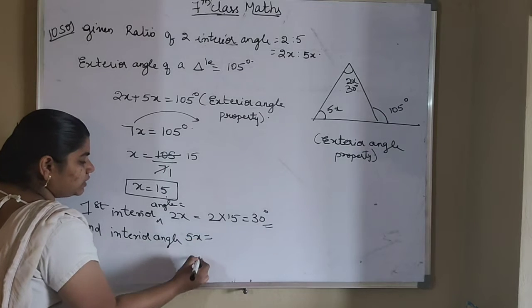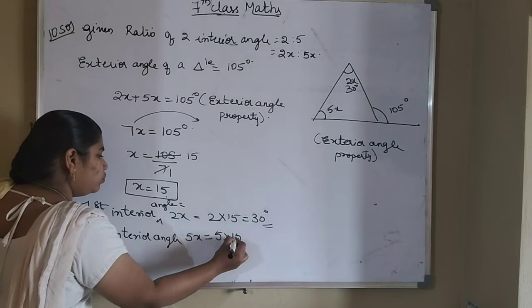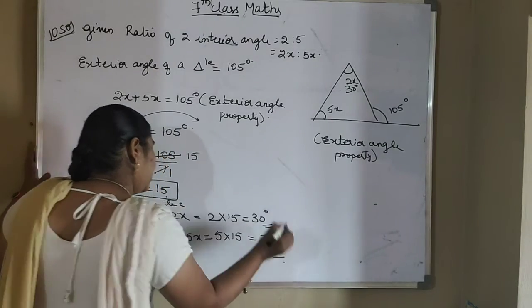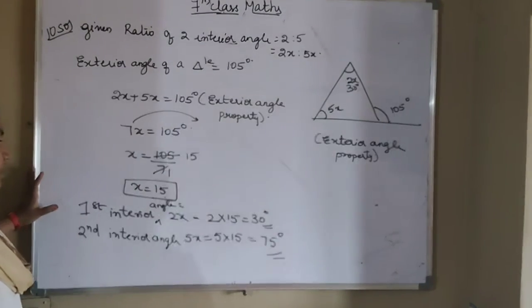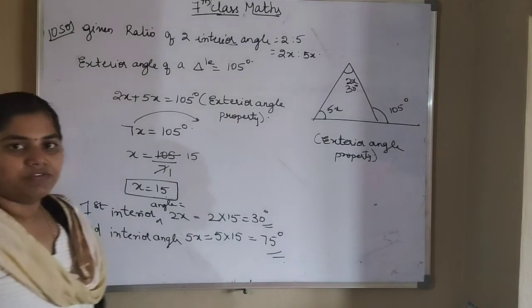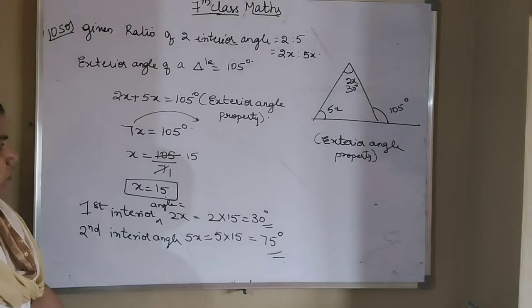That is 5x. So 5 into 15 will be 75 degrees. So the first interior angle is 30 degrees and the second interior angle is 75 degrees. So this is our 10th solution.